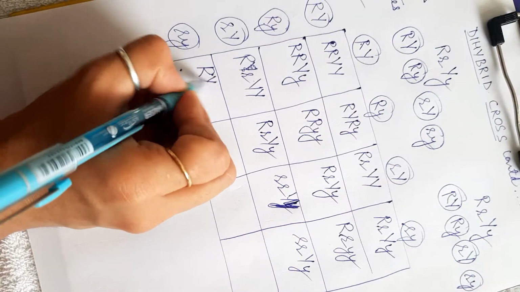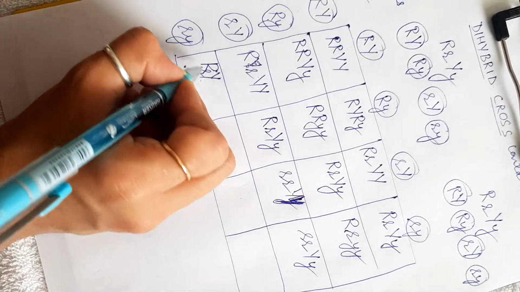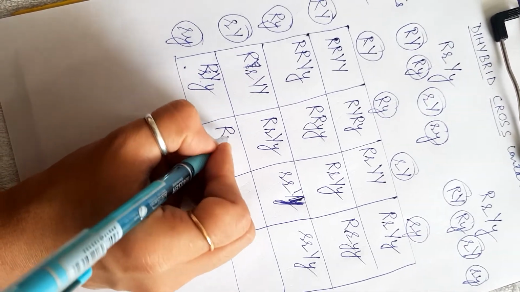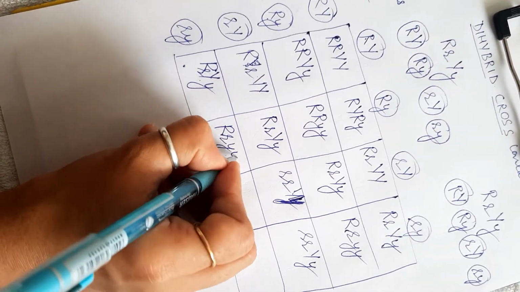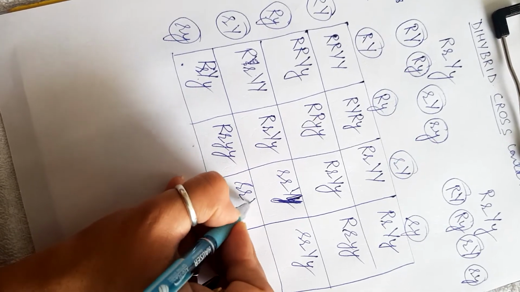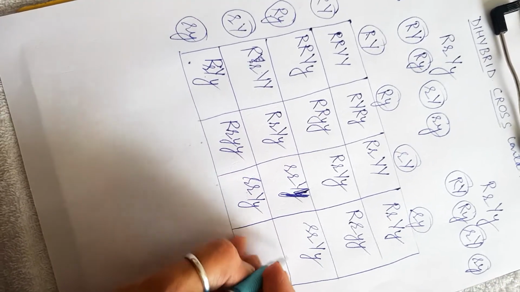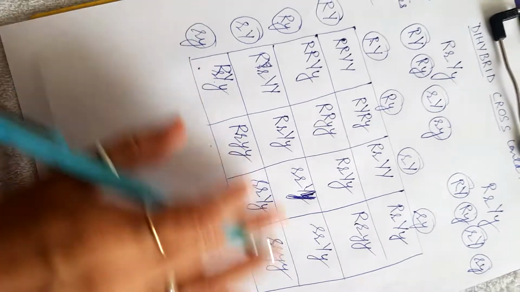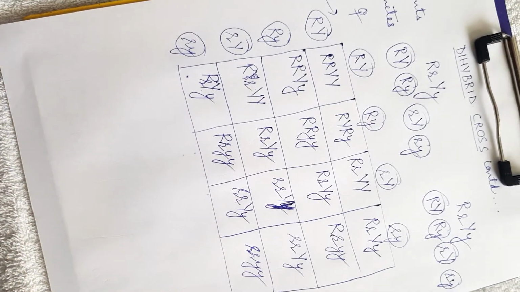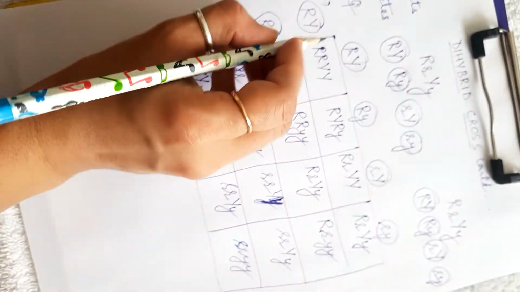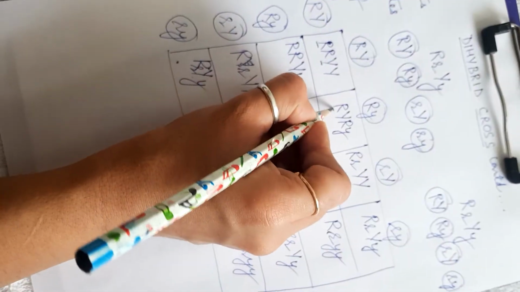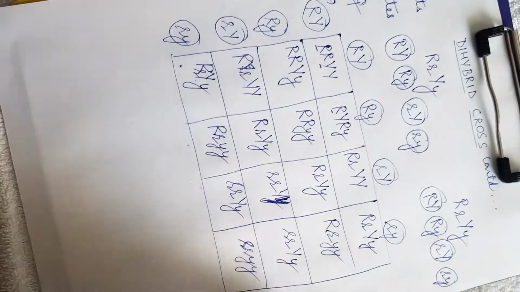So this is what you will get in the offspring. This one is round and yellow, and this I have written wrong.